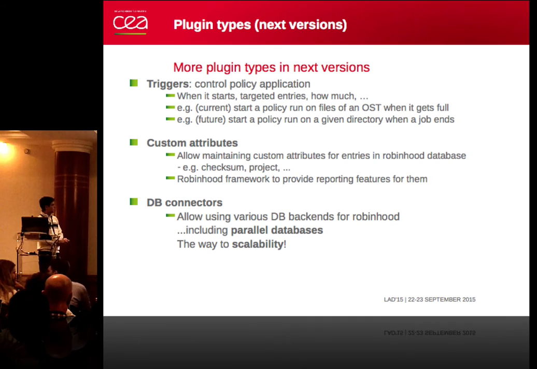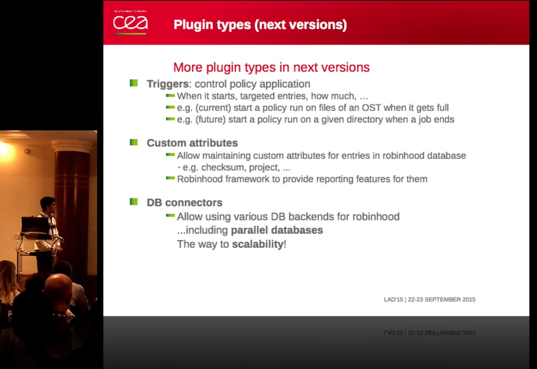These are the other plugins we plan to implement, hopefully for 3.1. Triggers in Robinhood start a policy application depending on an event on the file system. Currently there are triggers like starting to purge data from an OST when it's full.